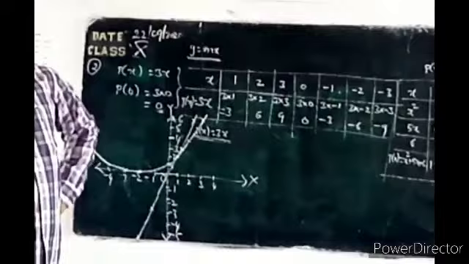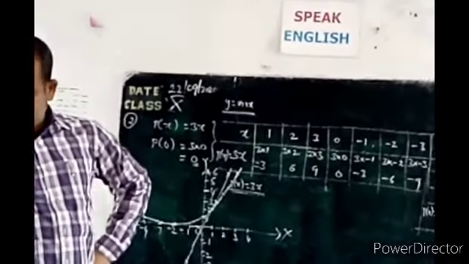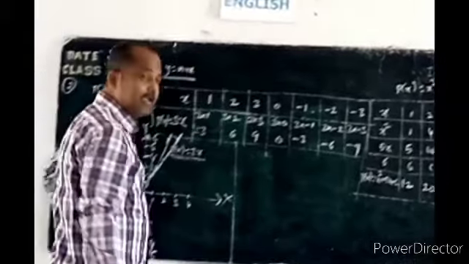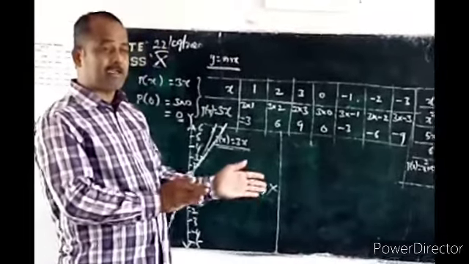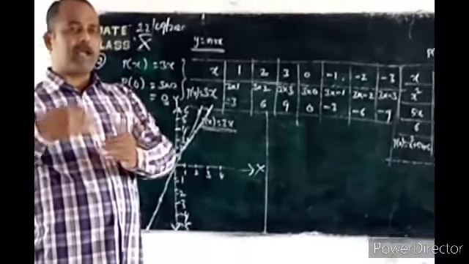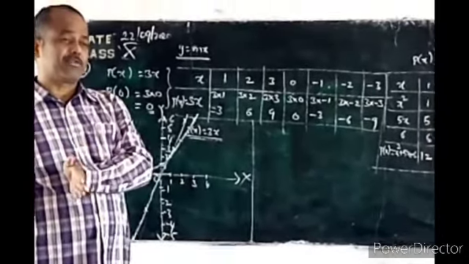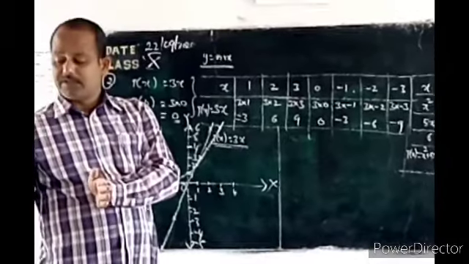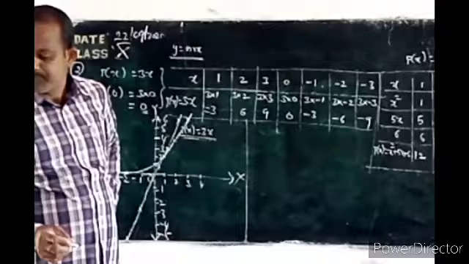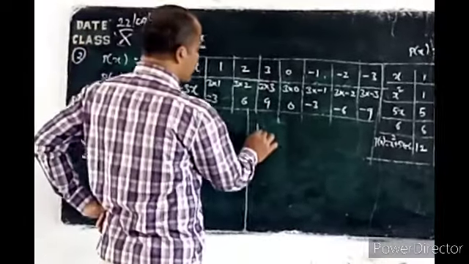Here what he asked is, why are 1/4 and -1 zeros? Your question is different. In the previous exercise, we checked whether the given values are zeros or not. Here the question pattern is: why are these zeros of the expression p of x equals 4x square plus 3x minus 1?